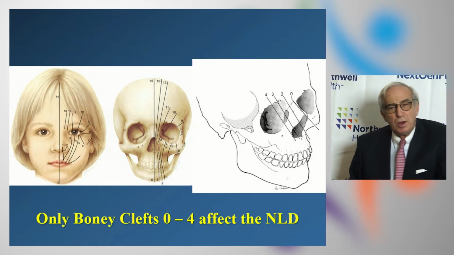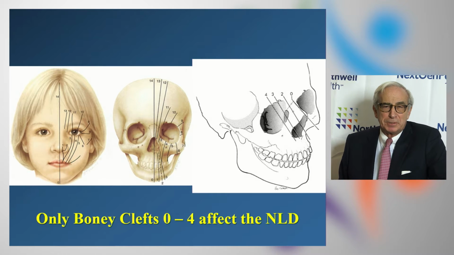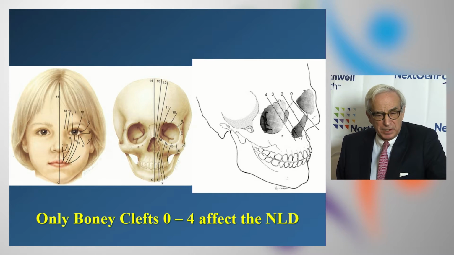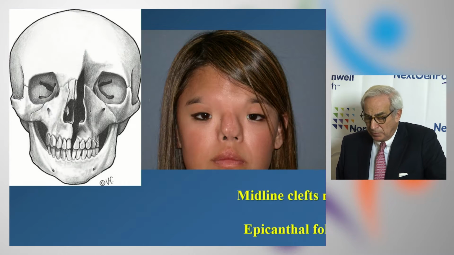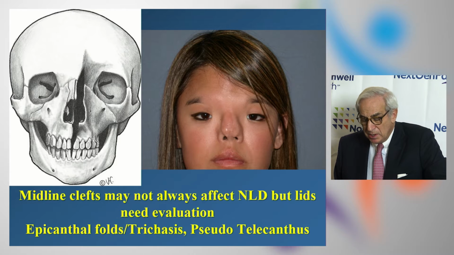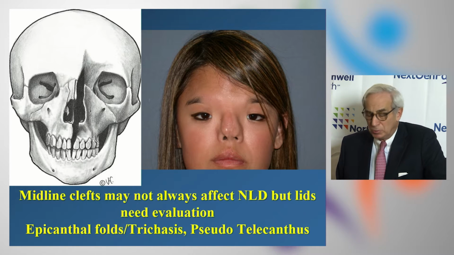Tears that pool within the palpebral aperture are like a stream that can't flow. They overgrow bacteria, they overgrow fungi, they overgrow algae, and you have a patient with a chronic infection. Let's press on. So midline clefts may not always interfere with the nasolacrimal duct, but it often does.